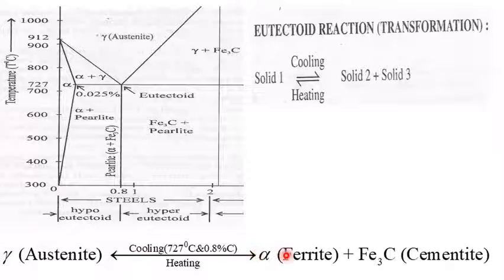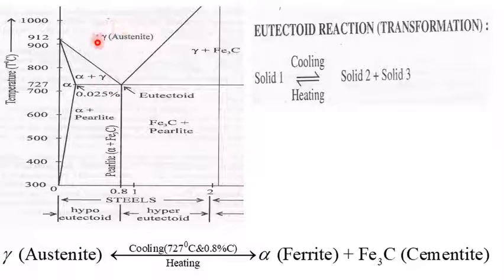On cooling it gives alpha ferrite, which is BCC, plus Fe3C, that is cementite, an intermediate compound with a BCT structure. This occurs at 727 degrees Celsius and 0.8% carbon.